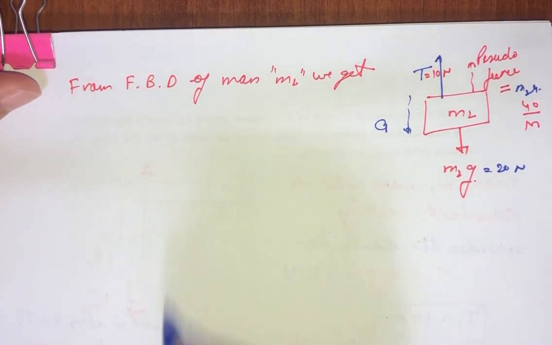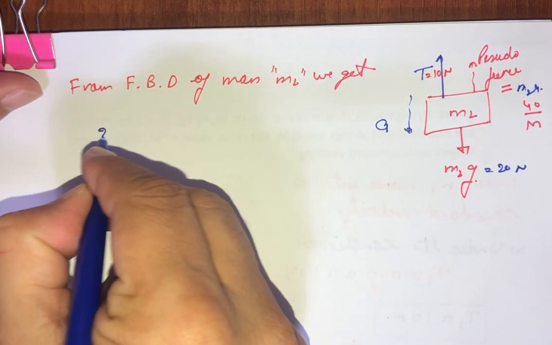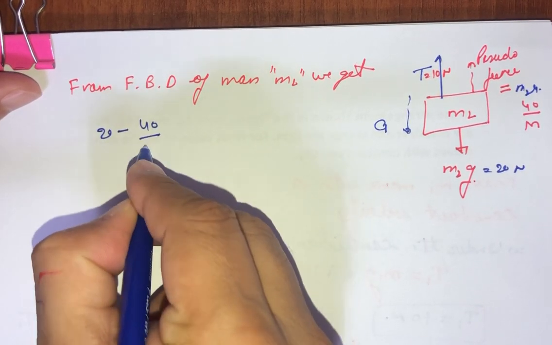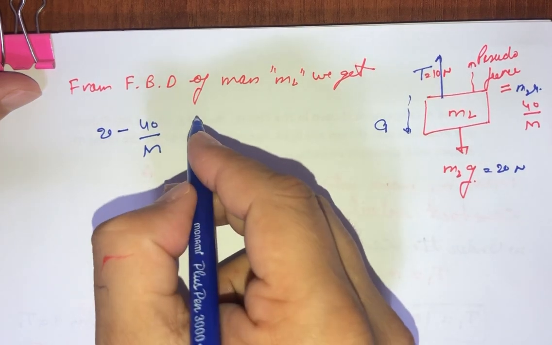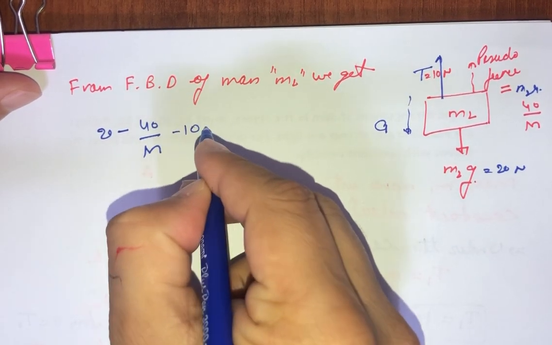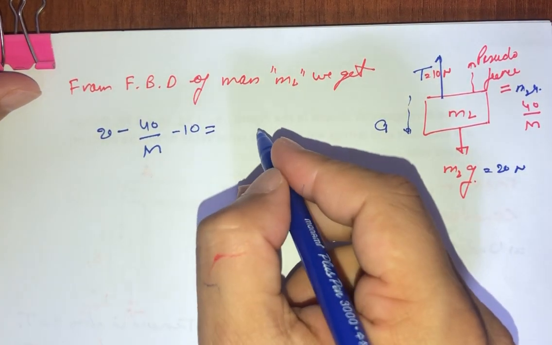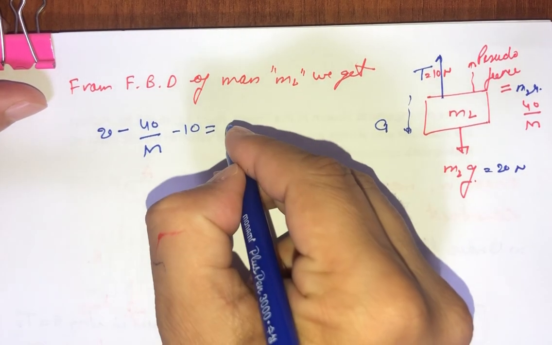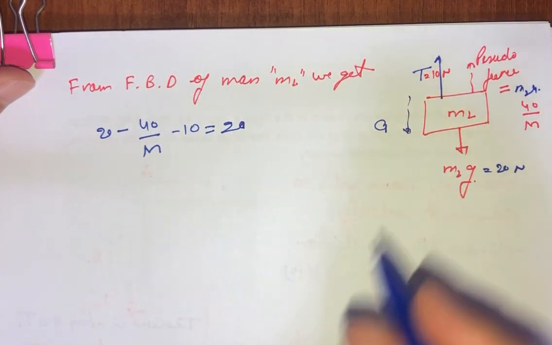If we substitute all these values, we get 20 minus 40 by M minus 10 equal to mass into acceleration, that is, 2A.